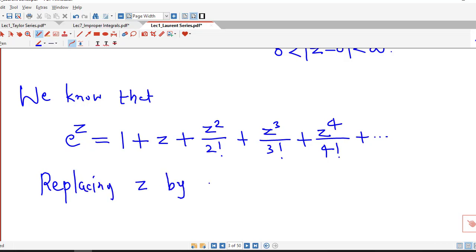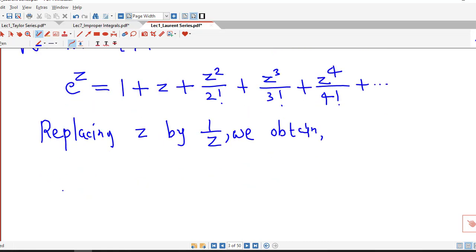Replacing z by 1 by z, we obtain, on the left hand side, e raised to 1 by z.